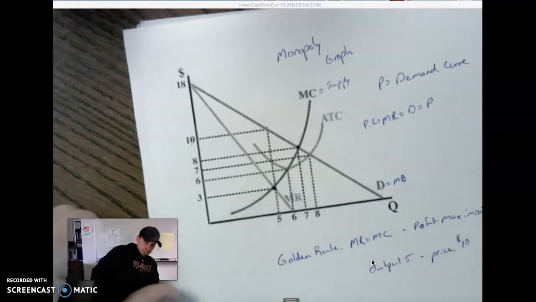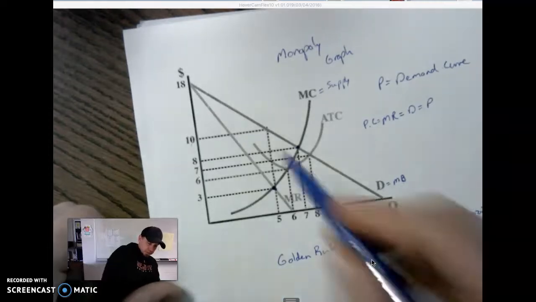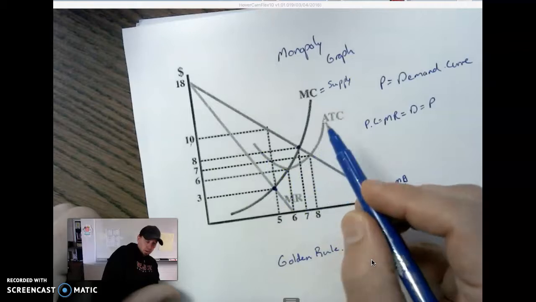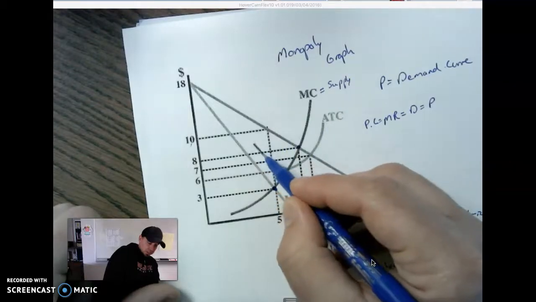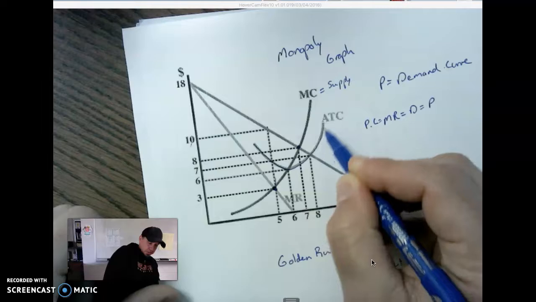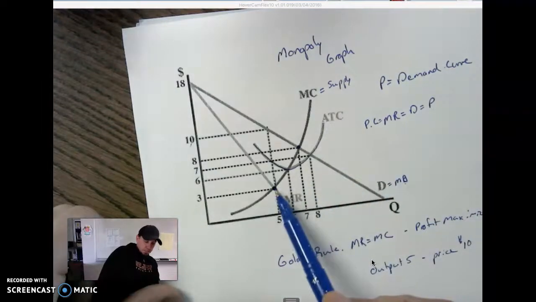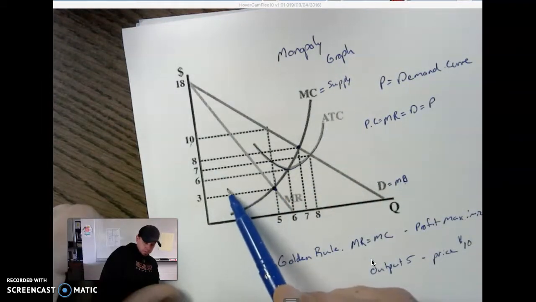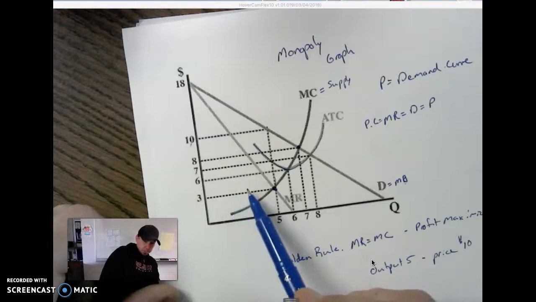Now, how do we know we're making a profit? Well, that's where average total costs come in. All average total cost curves are going to fall, hit a minimum, and then start to rise. And think about how averages work.